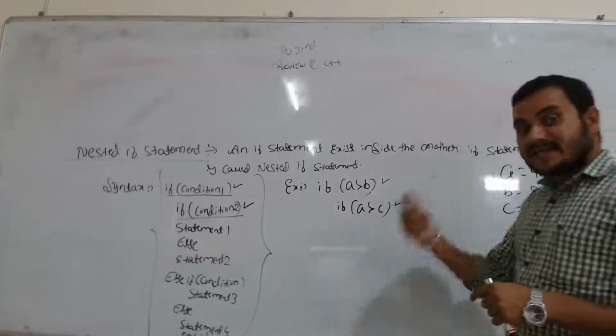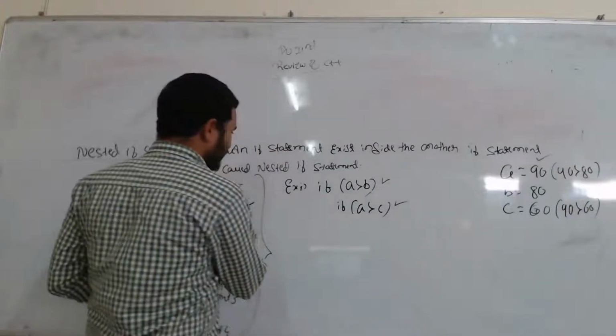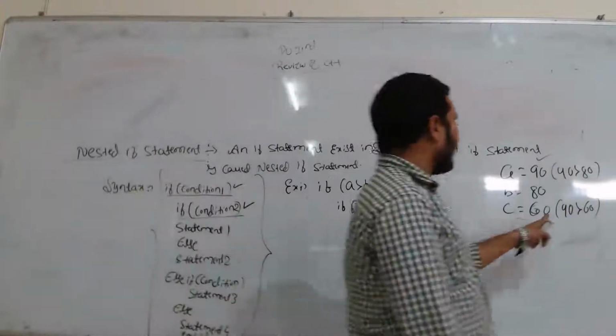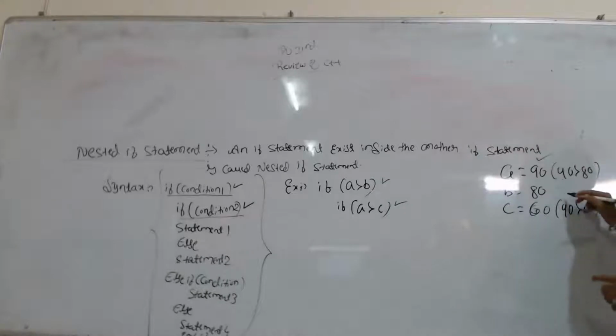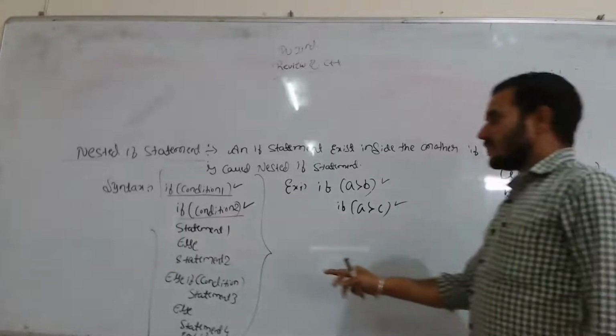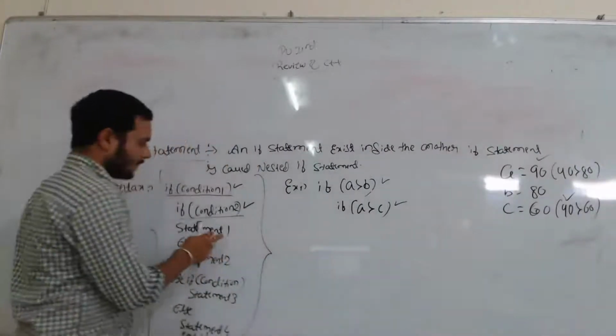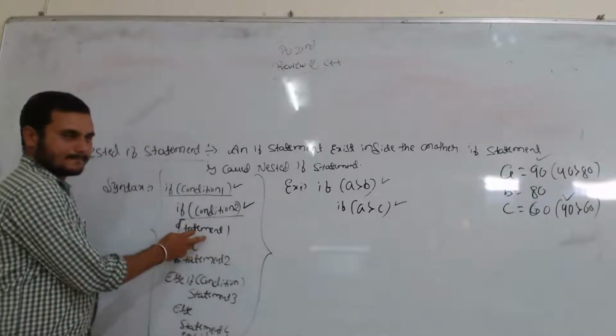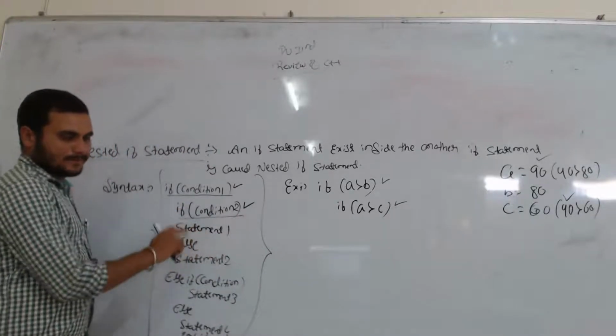Another if condition exists inside. 90 greater than 60, of course again 90 is greater. So statement 1 is executed.